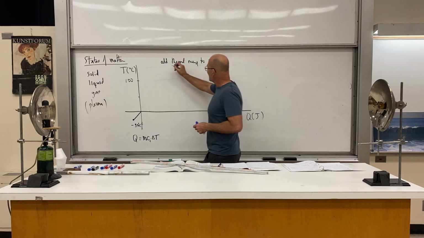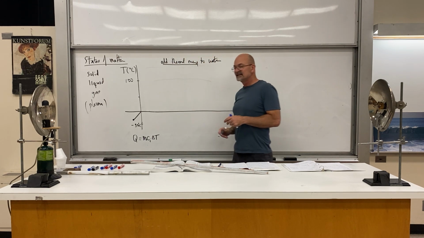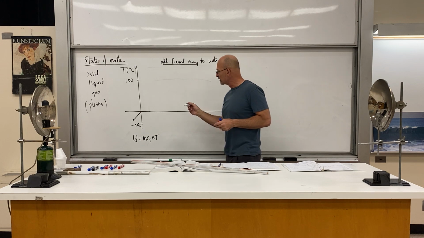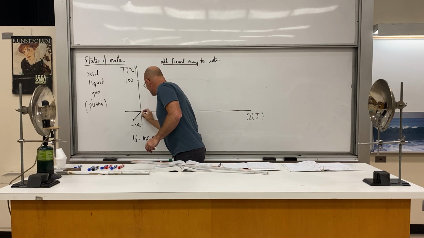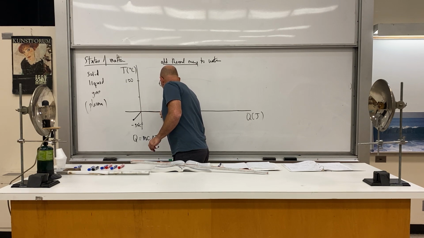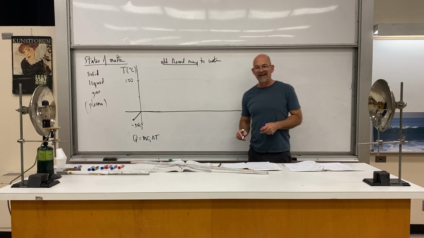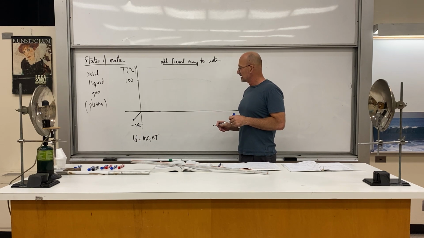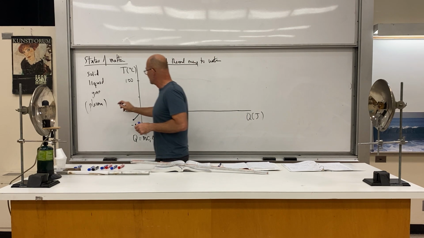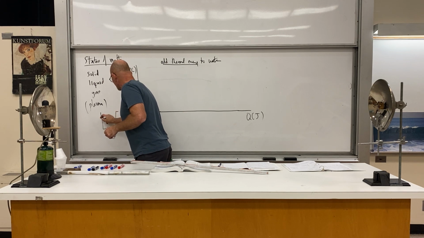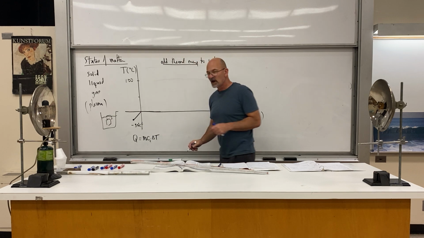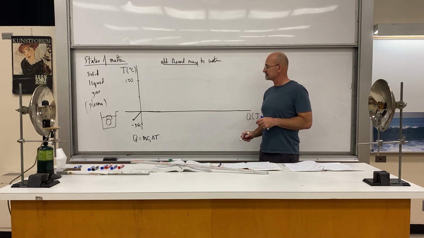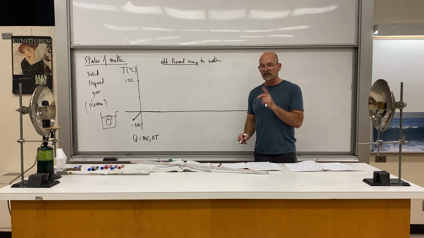So you keep adding thermal energy to this ice that's at 0 degrees Celsius, and something very interesting happens, namely, it melts, but the temperature does not change. The ice melts, but the temperature stays constant. Now you end up with a mix of water and ice that's at 0 degrees Celsius.